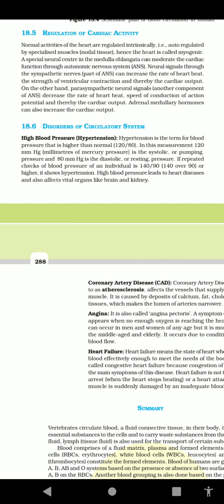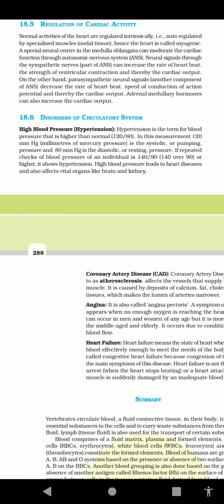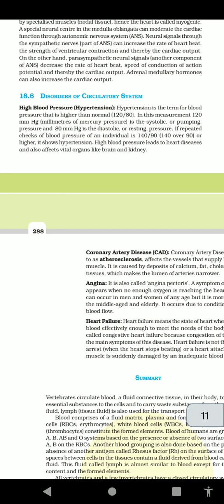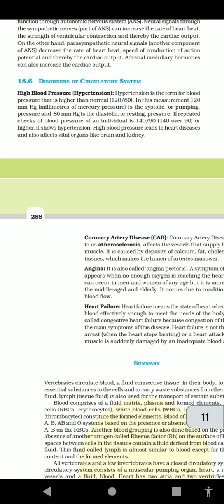The neural signal through the sympathetic part of the ANS can increase the rate of the heartbeat, the strength of the ventricular contraction, and thereby the cardiac output. The parasympathetic part of the ANS decreases the rate of the heartbeat, the speed of conduction of the action potential, and thereby the cardiac output. The adrenal medulla hormones can also increase the cardiac output.